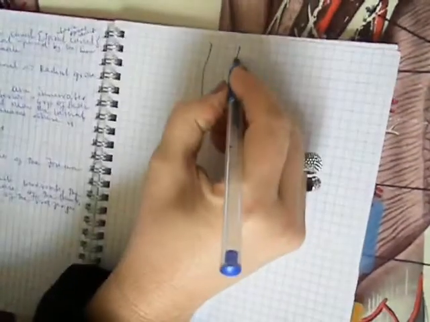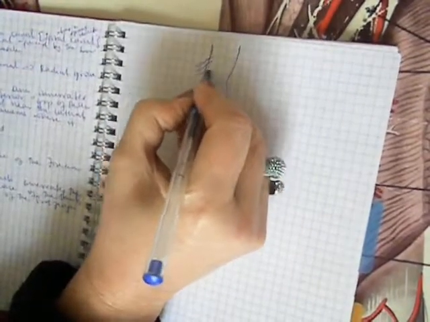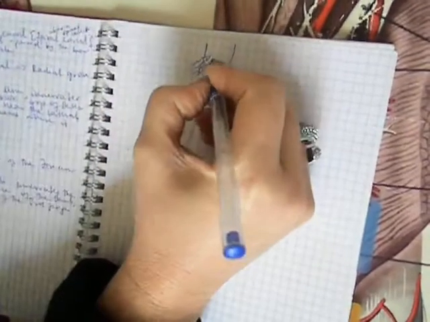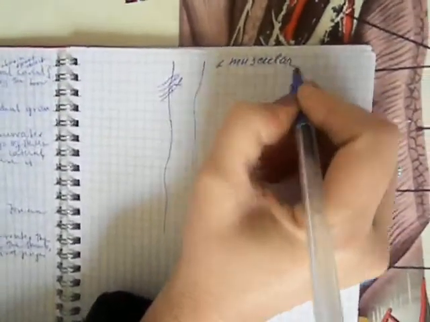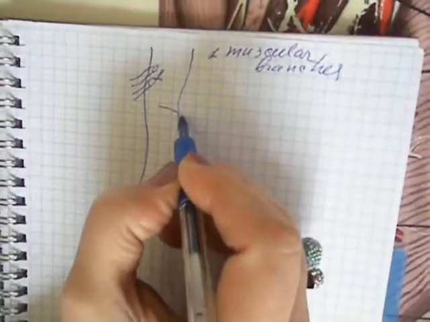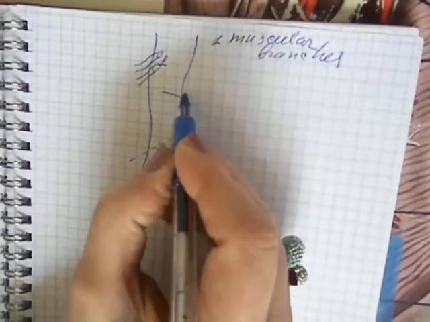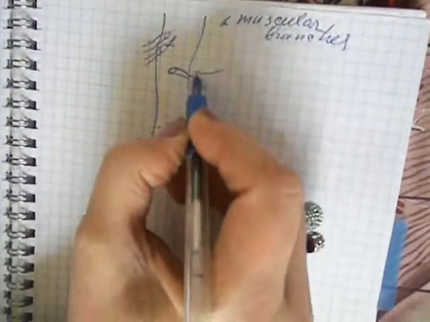Same, this chart. First, muscular branches to muscles of the anterior group. Next, deep brachial artery, because it goes to the radial canal.